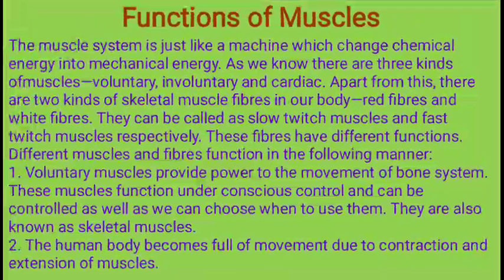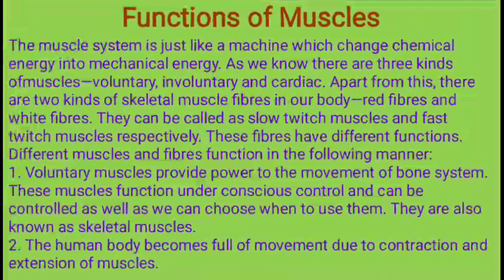As we know, there are three kinds of muscle: voluntary muscle, involuntary muscle, and cardiac muscle. Voluntary means which are in our control; involuntary, which are not in our control; and cardiac muscle. So voluntary muscles are those muscles which are there on our skeletal system. That means our skeletal muscles are considered voluntary muscles that move in our control.